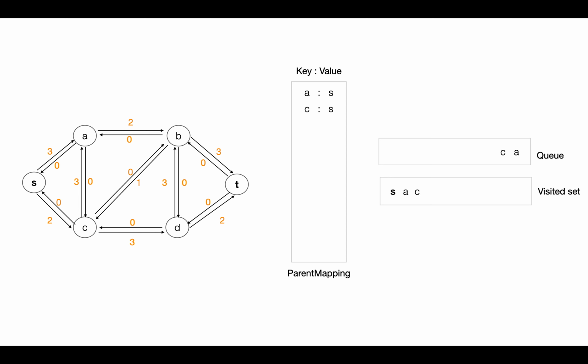So see, there are three edges going outwards from here: AS, AC, and AB. But as S and C are already visited, and also these edges are having value 0, we are not going to select them. But this edge AB is having a capacity 2, so we're going to select this vertex B while we pull A from the queue.